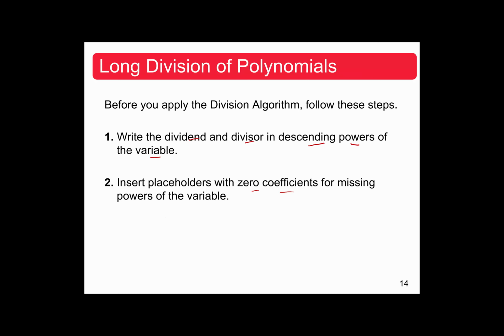For example, if you're dividing x to the 4th plus 2x squared plus 3x plus 1 by x minus 2. Right? So if you look at the dividend here, there's a missing term.